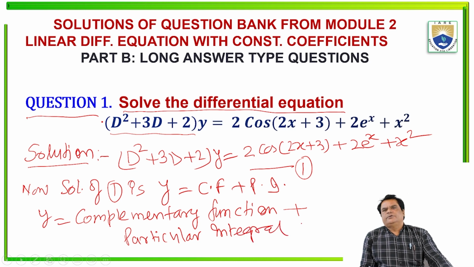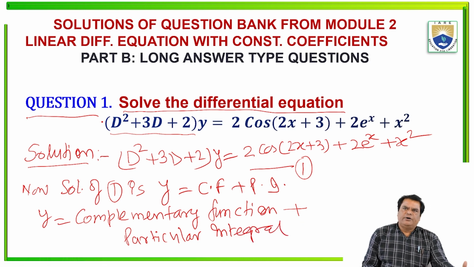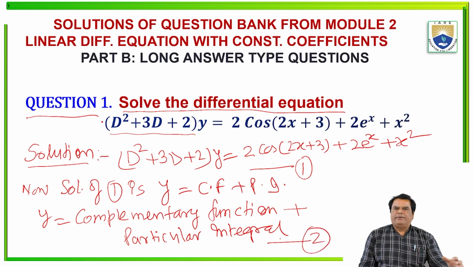So in this question we will find the complementary function and the particular integral. After adding the complementary function and particular integral, we get the complete solution. This is equation 2, our answer.